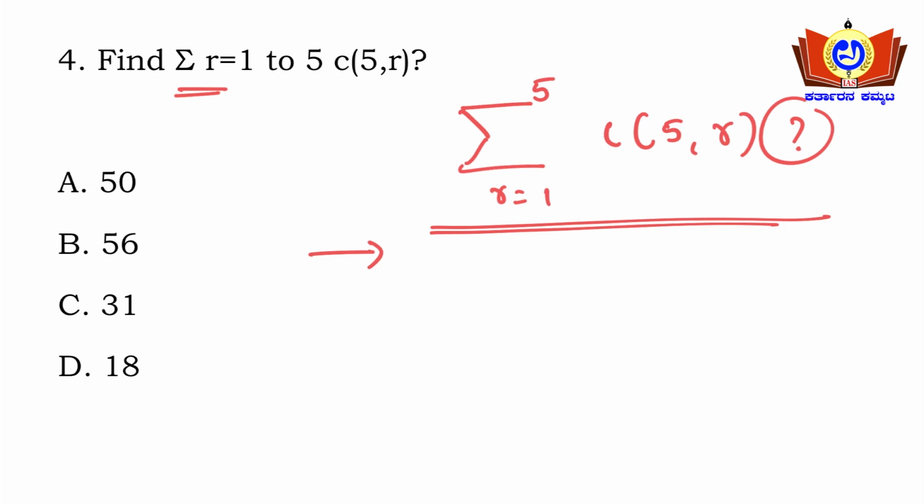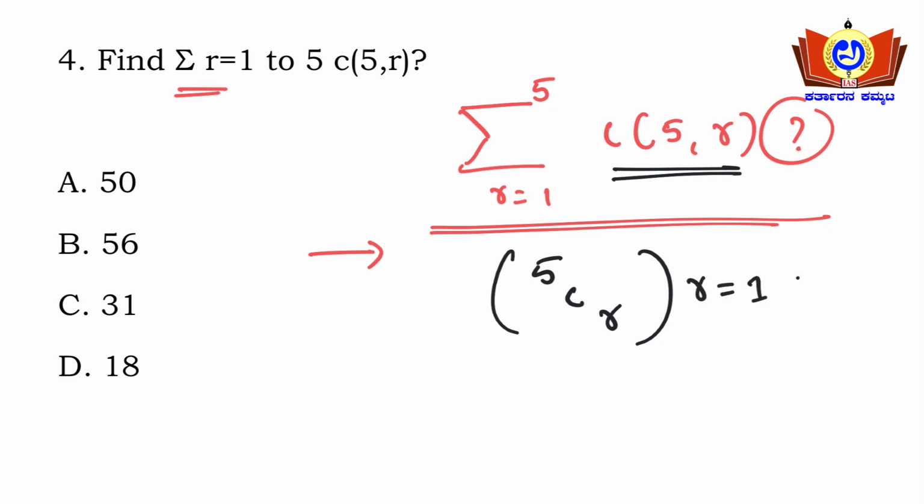This is the question here. So C of 5 comma r can be written as 5Cr, yes or no? Whereas r's value ranges between 1 to 5. So we need to find the total value here.